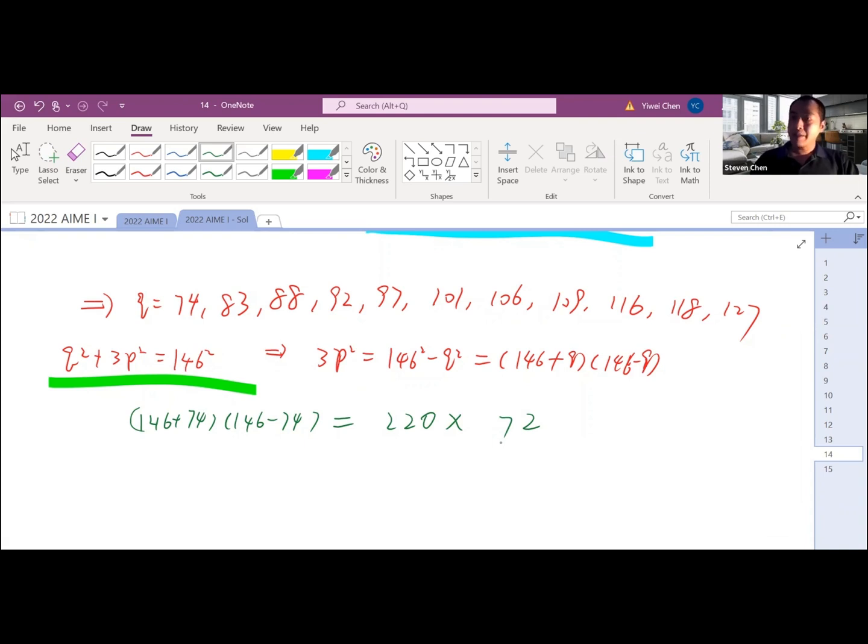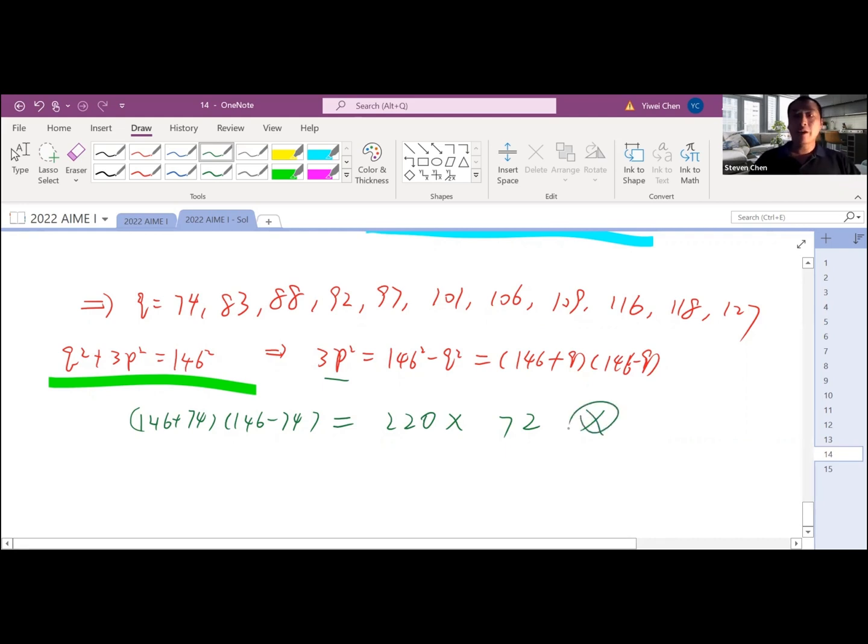But the second term, 72, has no 11. So 11 appears just one single time, which implies there will be no way for you to get the p square here. Otherwise, 11 must appear at least 2 times, right? So here you can easily conclude that 74 is not a solution.